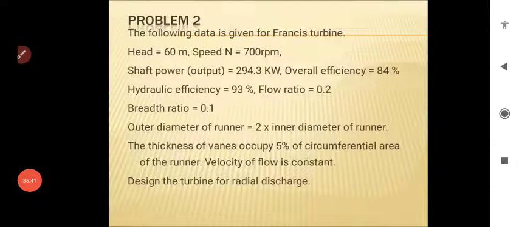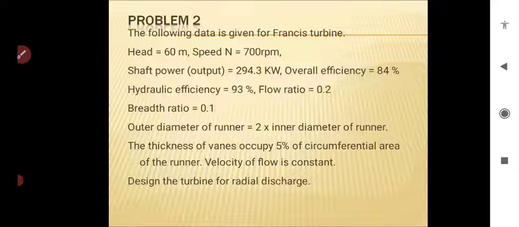Hydraulic efficiency is equal to 93 percent. Flow ratio is equal to 0.2. Breadth ratio is equal to 0.1. Outer diameter of runner is equal to 2 into inner diameter of runner. The thickness of vanes occupies 5% of the circumferential area of the runner. Velocity of flow is constant. Design the turbine for radial discharge.